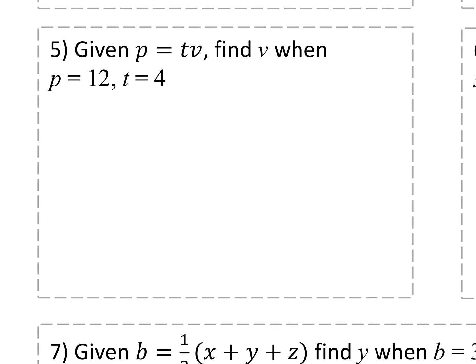Number 5. Given that P equals TV, find V when P equals 12 and T is 4. So again, we write out the formula, but we replace it with the letters we know. So 12 equals 4, and actually we don't know V. So that looks a bit different.